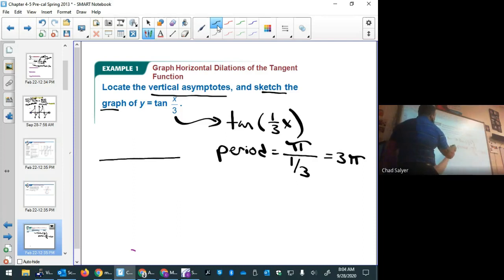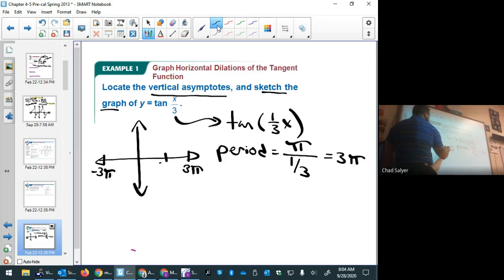So the graph needs to go from negative 3 pi to positive 3 pi, and it will have the same shape.